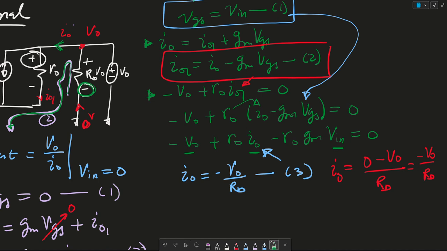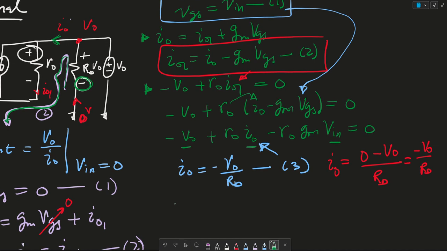So when we go ahead and plug that into this equation here, we get minus VO plus RO times minus VO over RD, minus RO GM Vin is equal to 0.